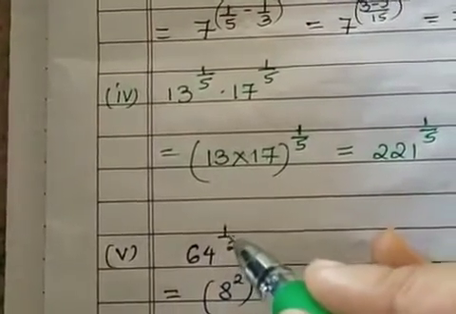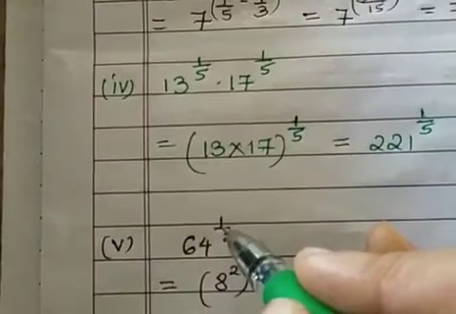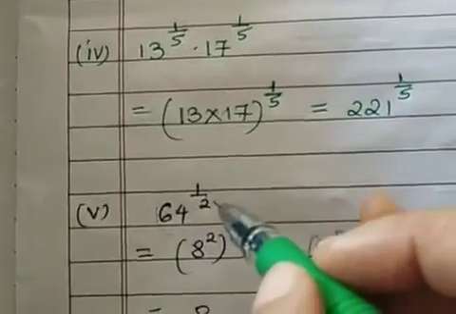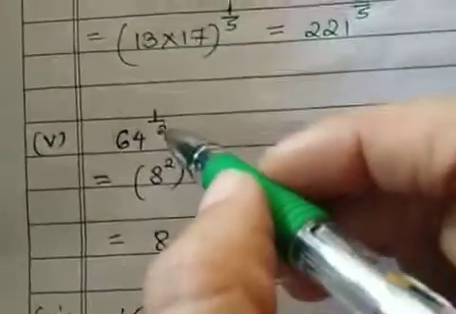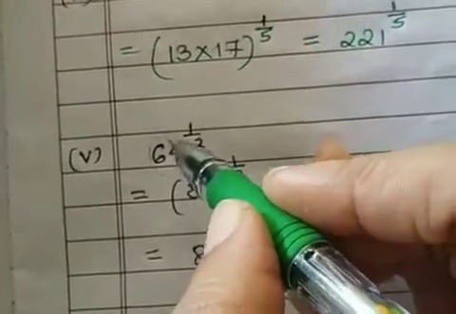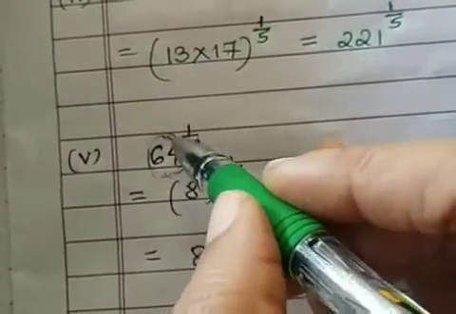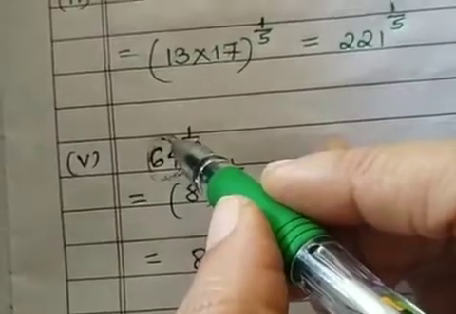Now let us look at the fifth example. 64 raised to half. Now you can see here, when you have something like this, what you have to do is see whether this base, you can write it as square of some number. Why square?